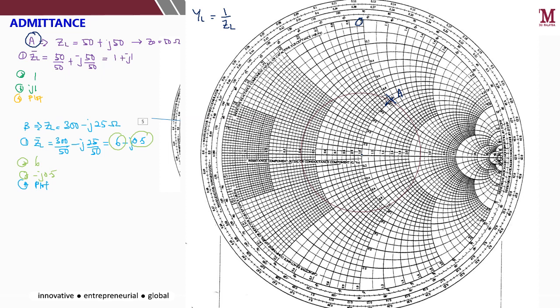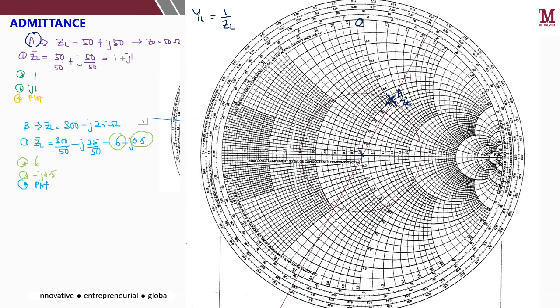So for the admittance, you draw the SWR line as usual, centered at the center of the Smith chart. Then you draw the line from the center crossing your normalized impedance. So this is your ZL.